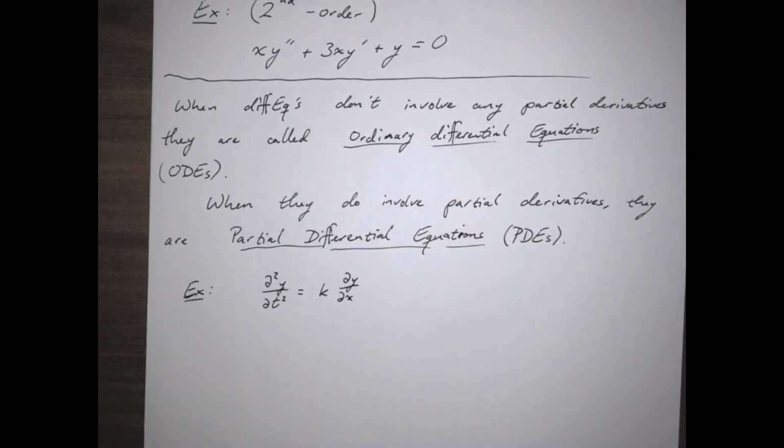So you've got y, which is a function of both x and t, and so it is differentiable with respect to either of those variables. And so your partial differential equation will involve derivatives with respect to one or the other of the variables.